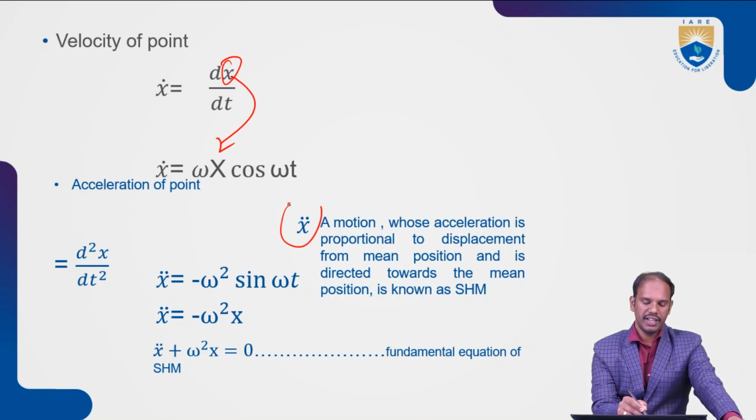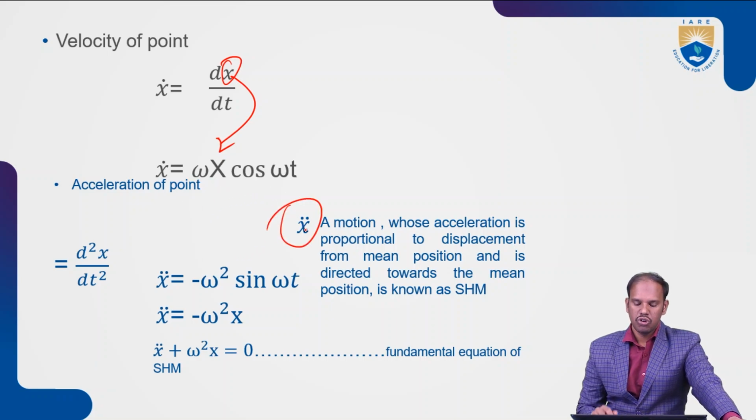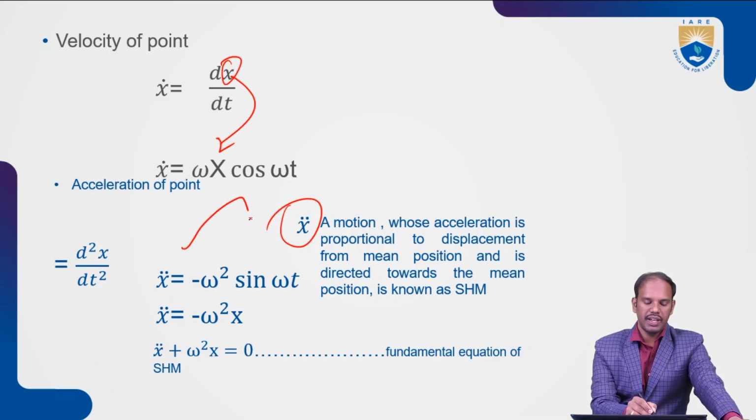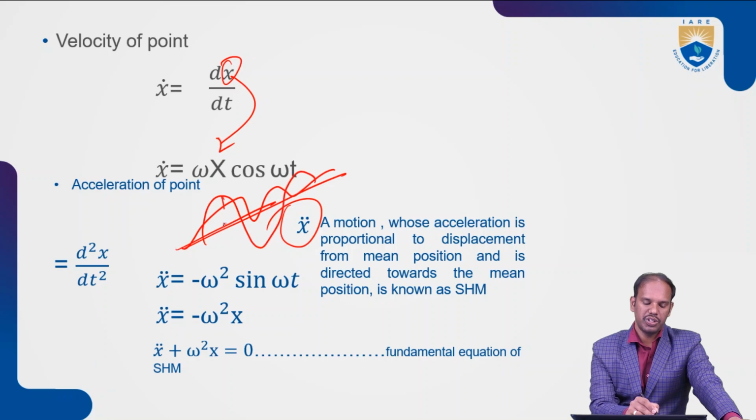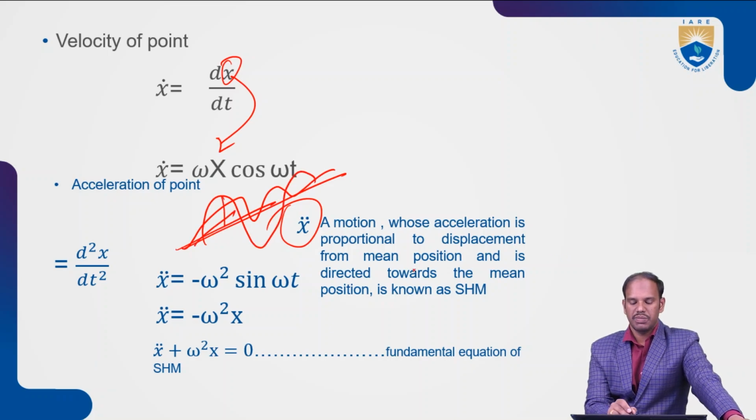It is already mentioned that x double dot is a motion whose acceleration is proportional to the displacement from the mean position and directed towards the mean position. This is known as SHM, simple harmonic motion.